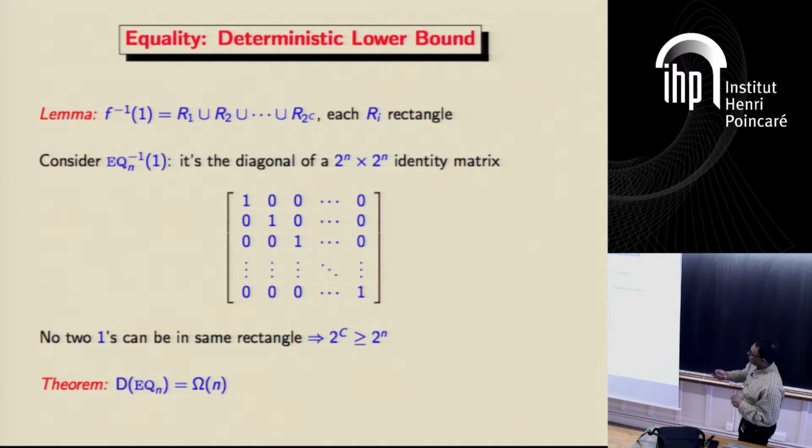Now, if you had to cover all the ones in this matrix using rectangles, it's probably clear visually that a single rectangle cannot cover more than one, because then it would end up covering some zeros as well. Therefore, you need at least 2 to the n rectangles. Therefore 2 to the c is at least 2 to the n, and therefore c is at least n. So this shows us that the complexity of equality is omega of n. In fact, it shows that it's greater than or equal to n, so we have the constant nailed too.